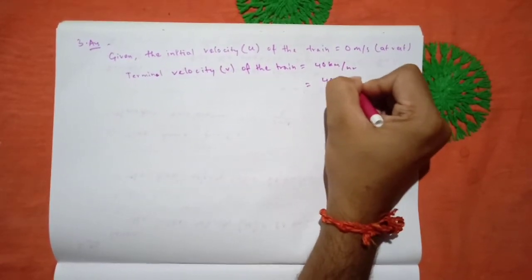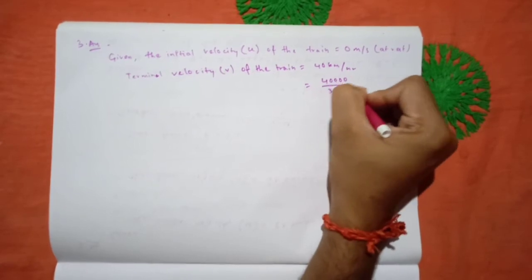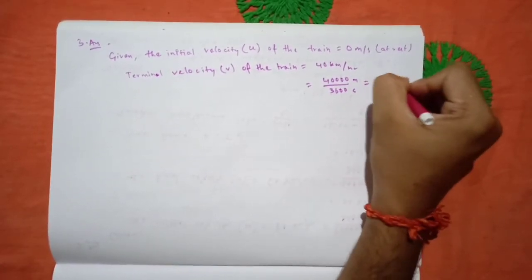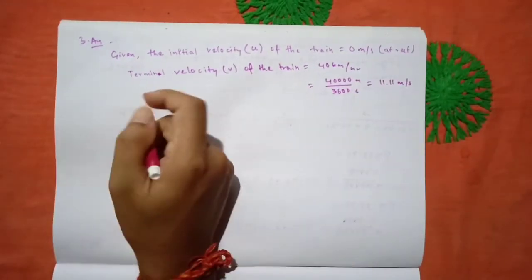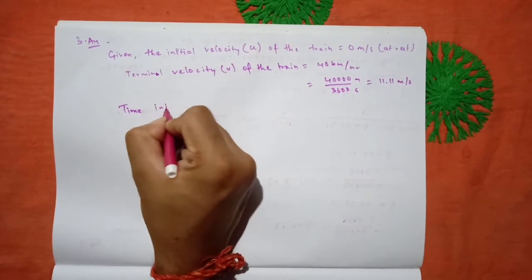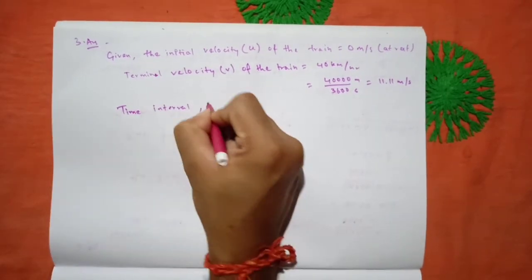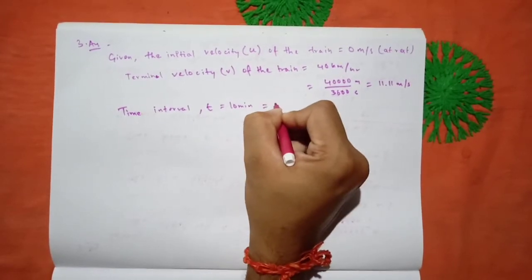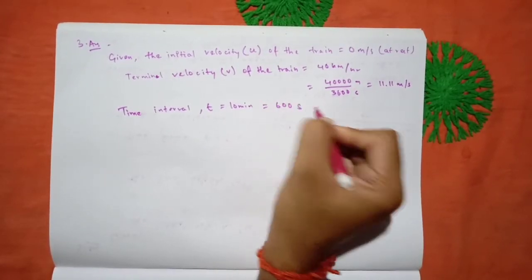That is 40,000 by 3600 meter per second, which becomes 11.11 meter per second. So now the time interval, which is t, is 10 minutes. 10 minutes is equal to 600 seconds.